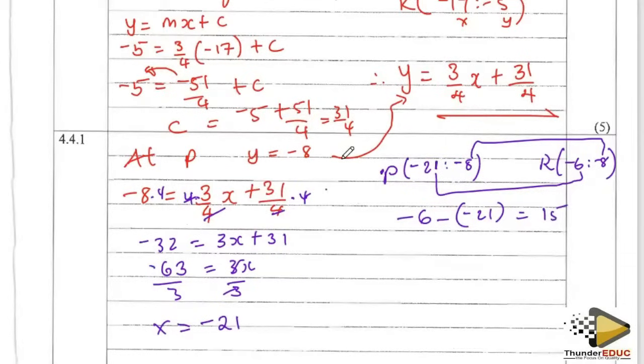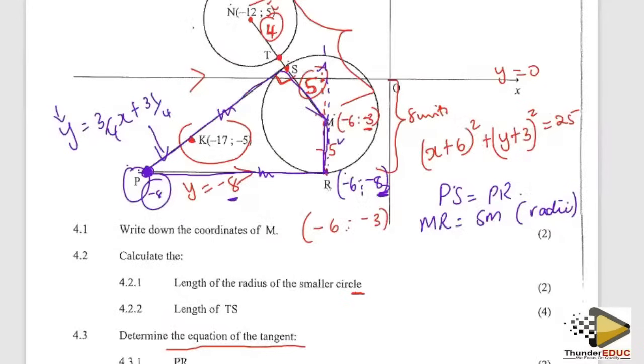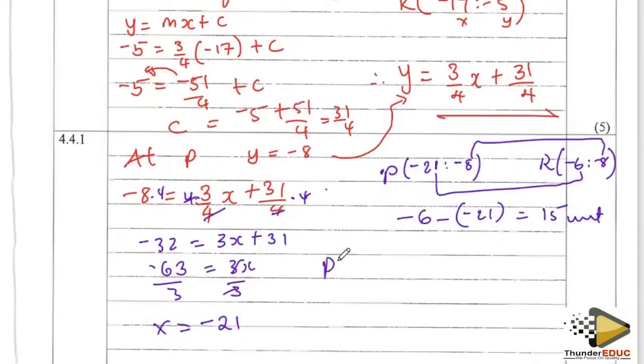Are you sure? Are you for real? Yeah, 15 units. Okay, then perimeter. So remember, if I get my perimeter, the conditions will say PS is the same as PR. Reason, the tangents from a common point.